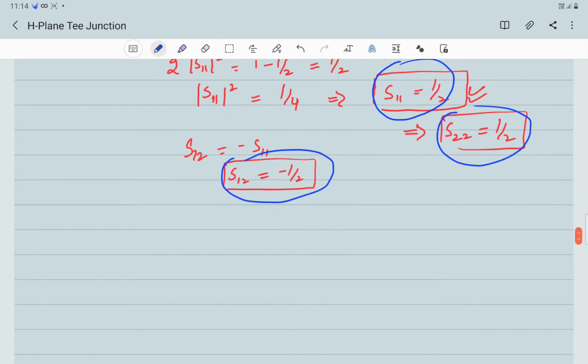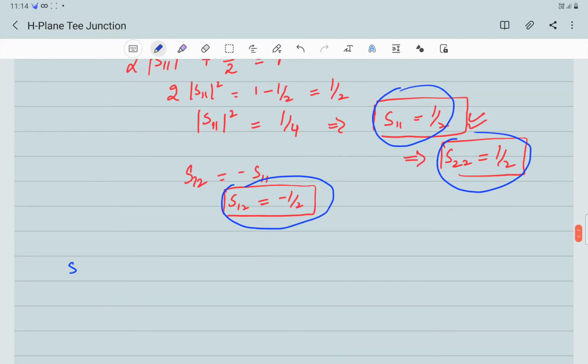So our S matrix basically is S11, S12, S13; S12, S22, S13; S13, S13 and 0.